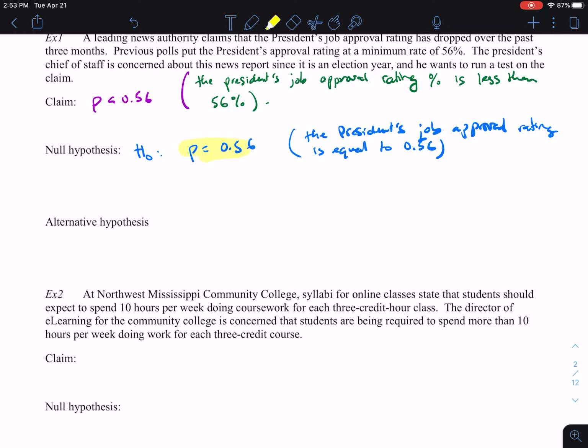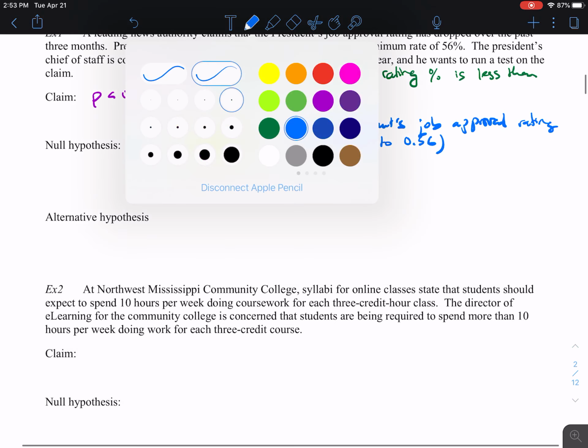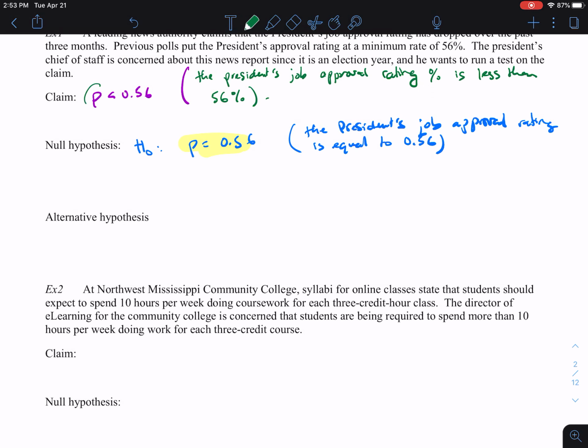Now the alternative. Keep in mind that if this claim was false, then the data would have to show that p is greater than or equal to 0.56.